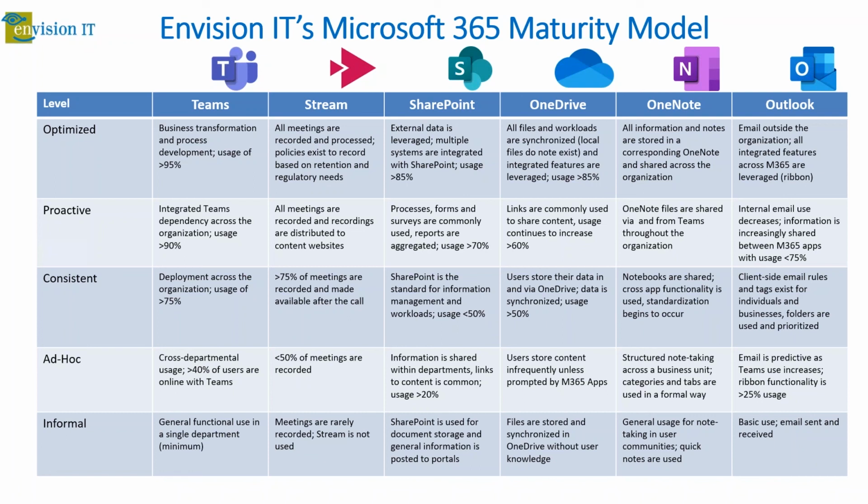And OneNote, as the example, you can see on that particular slide how that conversation grows through the maturity model. You see how it grows into structured note-taking, how notebooks are shared, into proactivity, if you will, and how OneNote files are shared through and from teams at an organizational level.